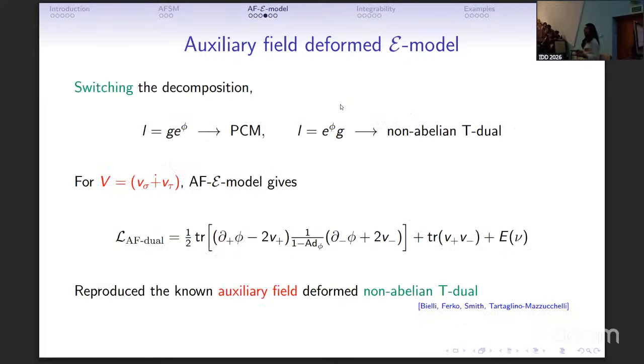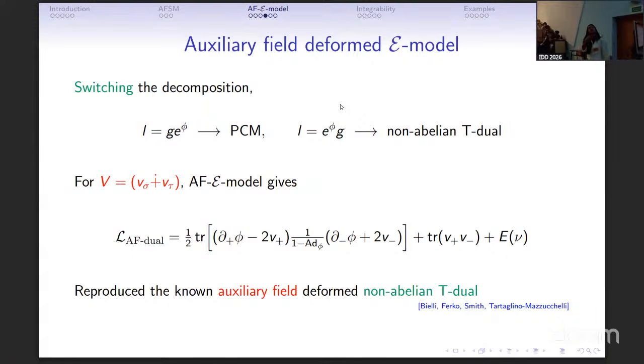Now, something interesting happens when you're working at the Drinfeld double level picture. The other model that we saw, which had auxiliary field deformations along with the non-abelian T-dual, this particular case just happens to be a bonus at this stage. If you switch the decomposition of the Drinfeld double valued field L, it would give you the non-abelian T-dual, and this is indeed known for the undeformed case.